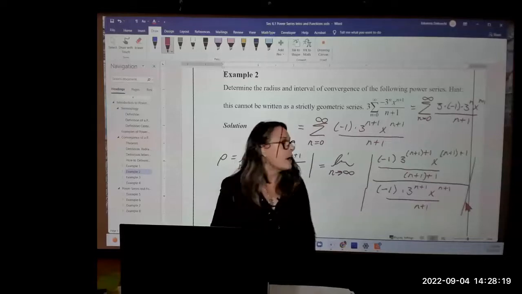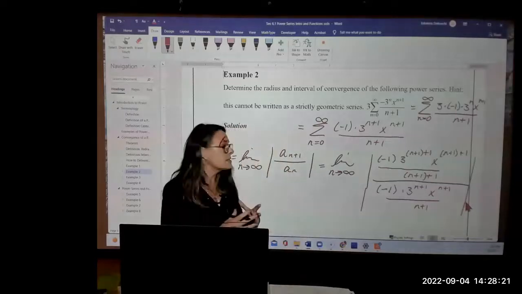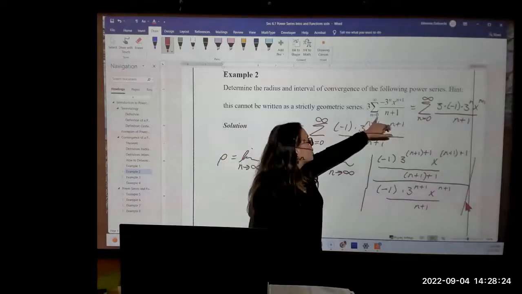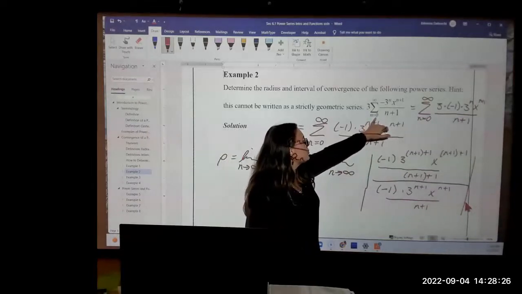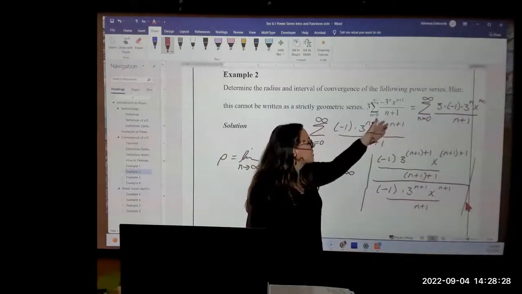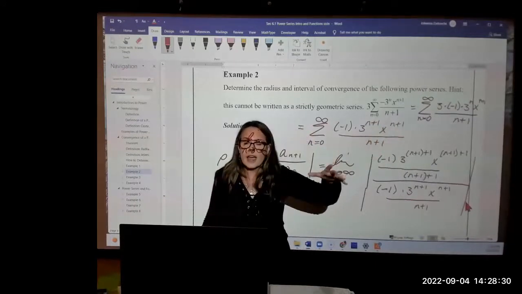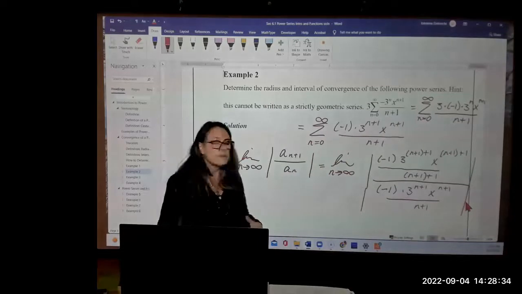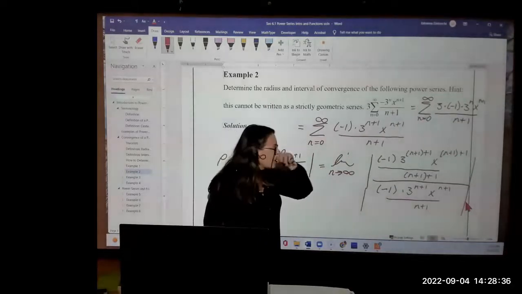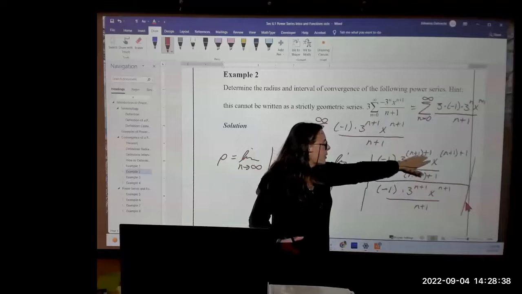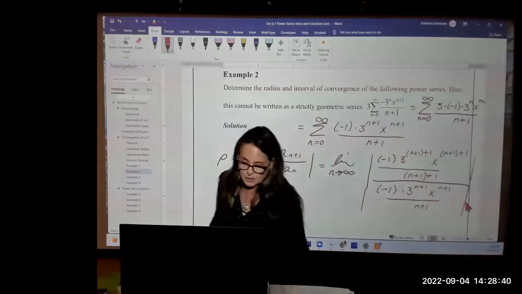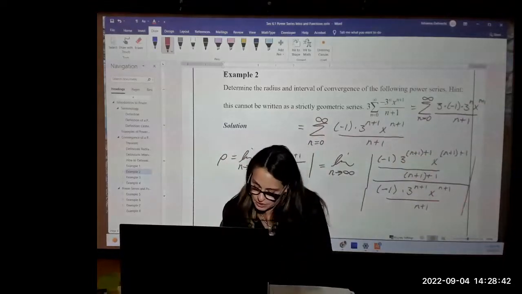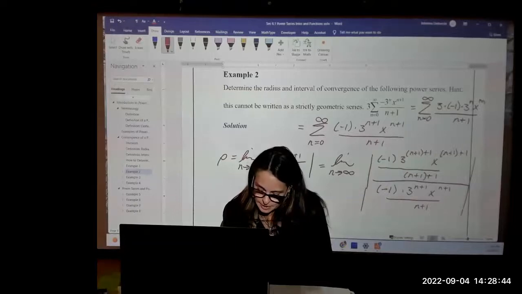You could also have manipulated the subscript. Here, the lower index of summation, you could have pushed this forward by 1, back that up by 1, and then you would have slightly less complicated powers to be dealing with. Either way works. So when we're looking at this one, I need to go ahead and work out what these powers become. So over here, I have the limit, n is going to infinity, and I have an absolute value.